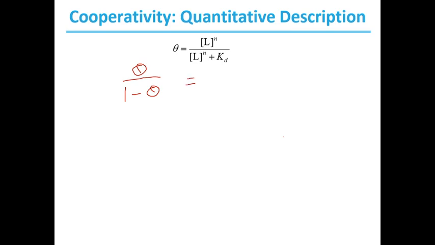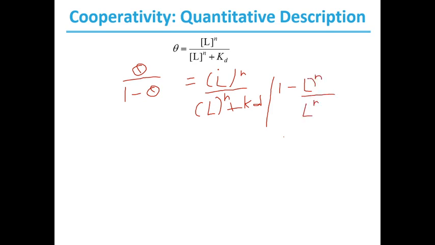Now, if you divide by 1 minus theta, what's going to happen is L to the power n divided by L to the power n plus Kd, divided by 1 minus L to the power n divided by L to the power n plus Kd, right?